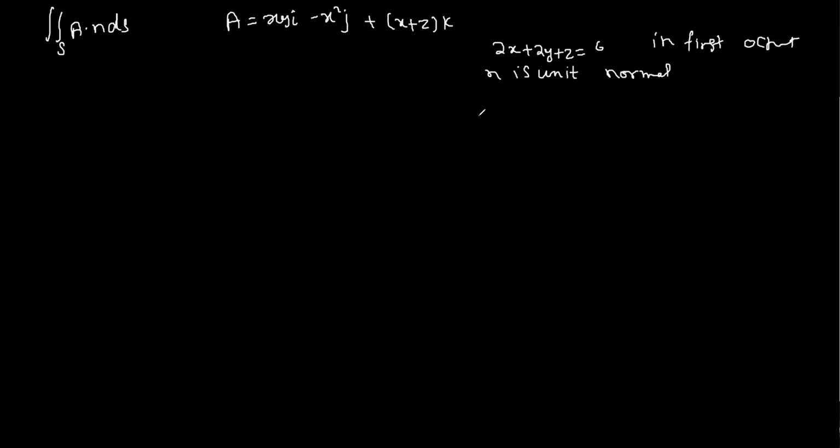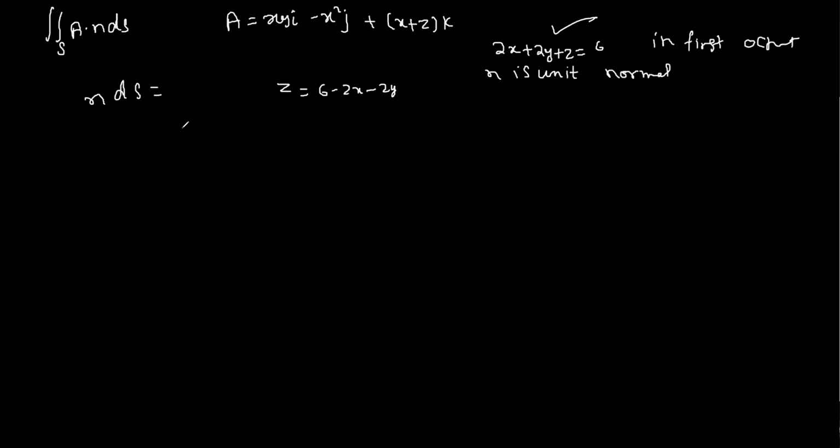First, we find the unit surface. What is n ds? What is n? Here z is what? z is equal to 6 minus 2x minus 2y. Right?